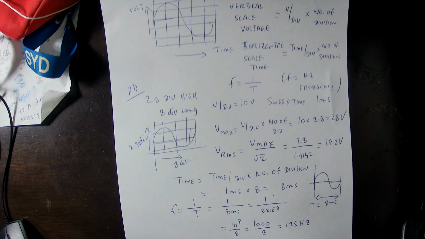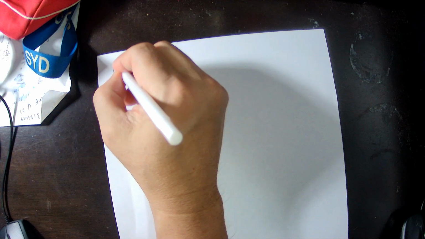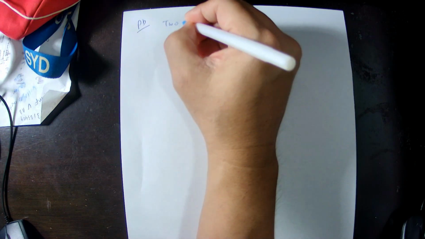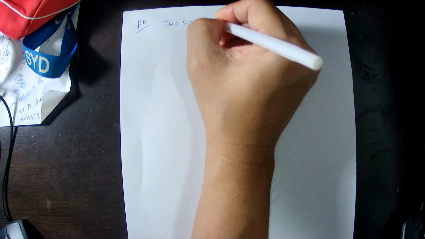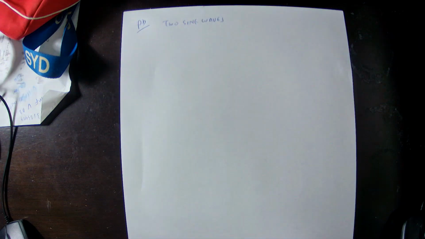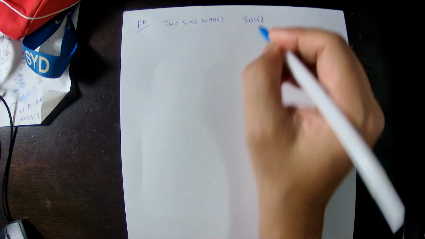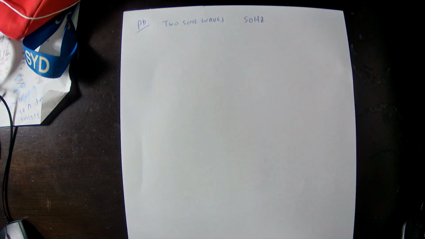Then we solve another problem. This problem gives two sine waves. They are traveling at a frequency of 50 hertz, and the time difference is 3.5 milliseconds.